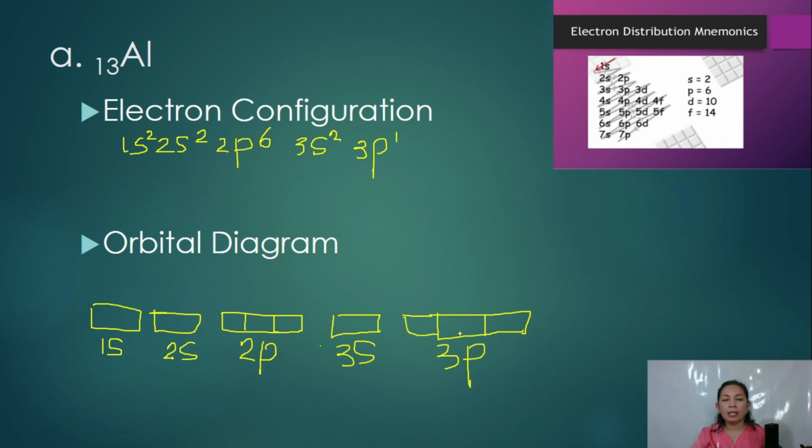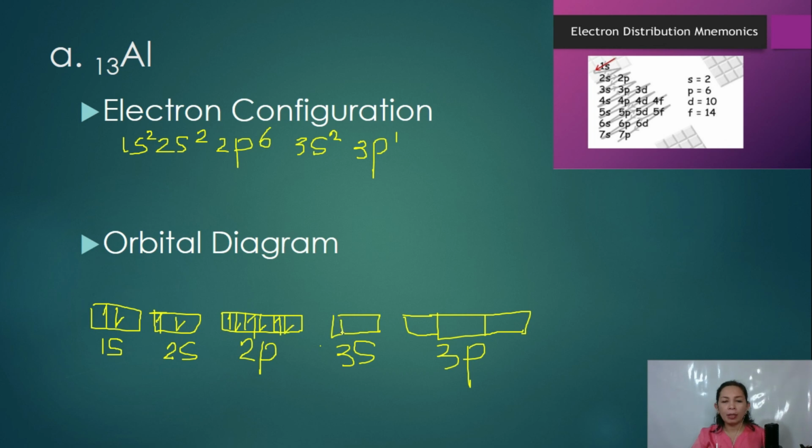Okay, now let us try to fill up the electrons. So 1s is complete with 2 electrons, one upward and one downward. Same with 2s. Then here, distribute one each before pairing. Okay, complete.